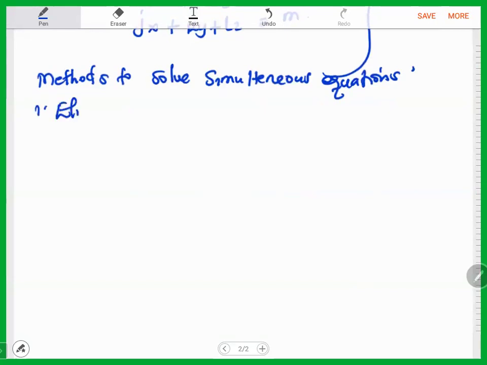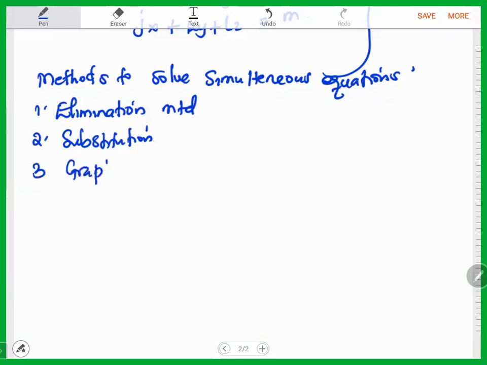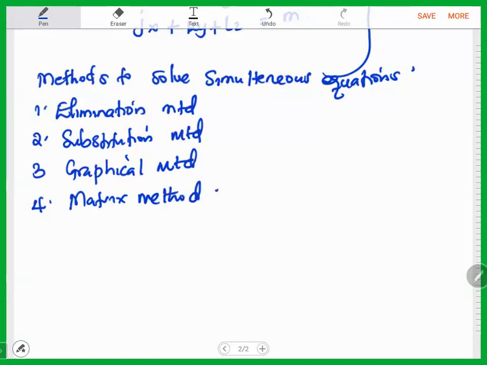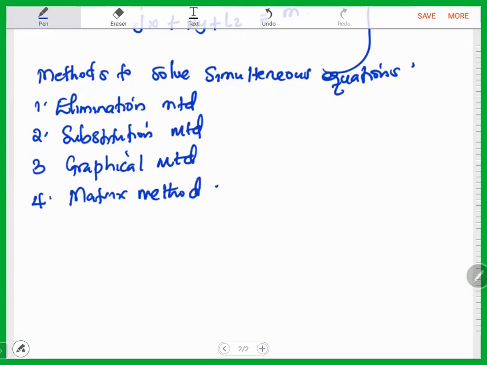So let's look at the first one, the elimination method.